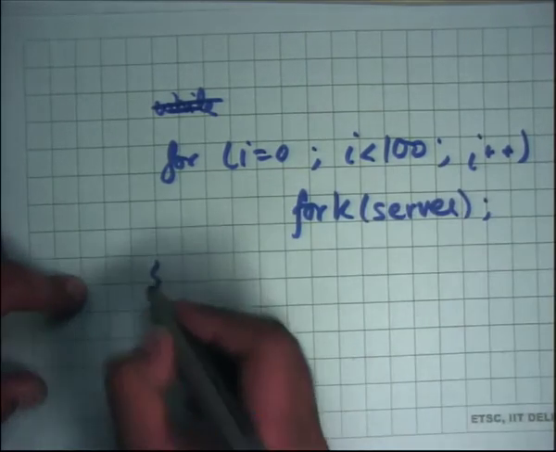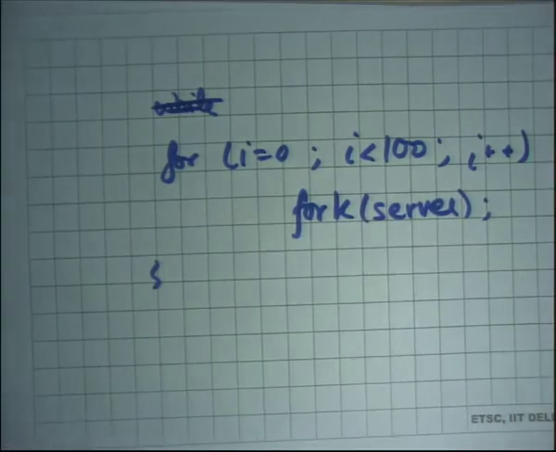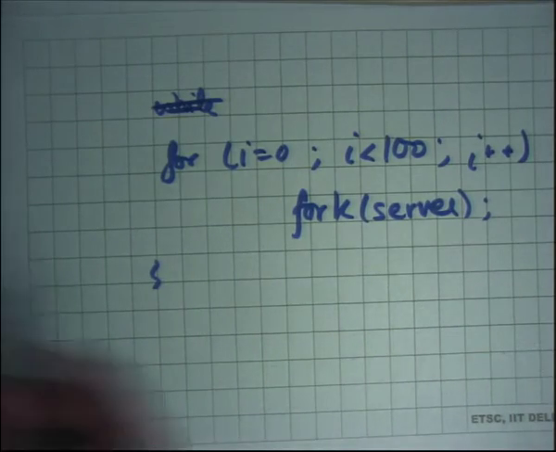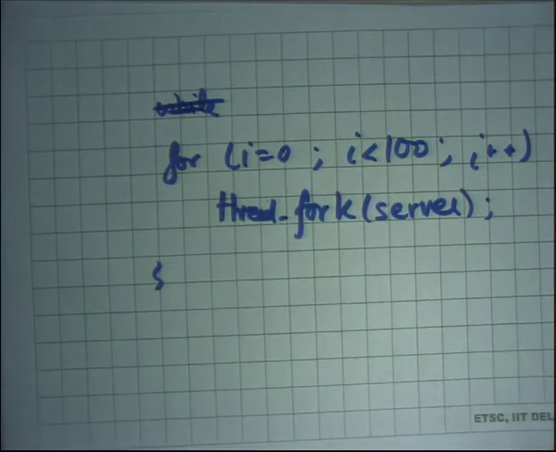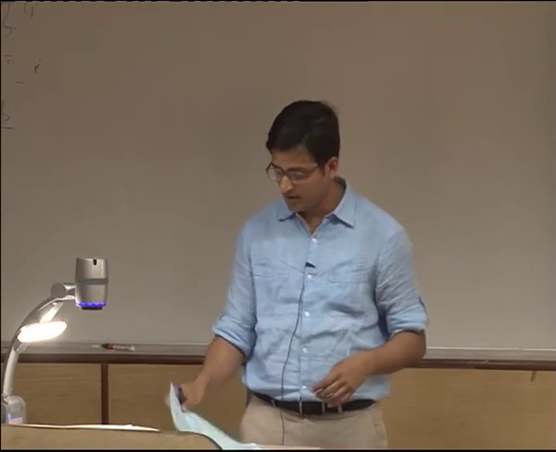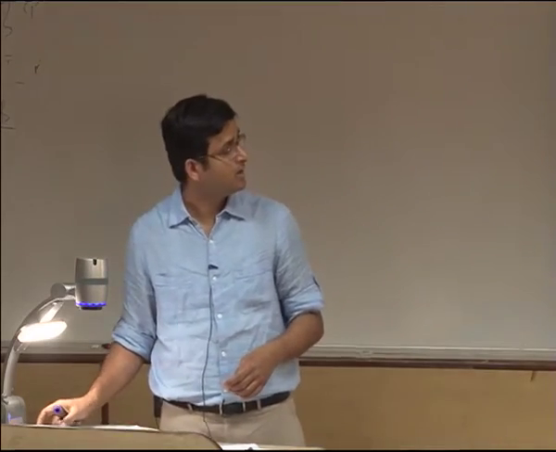This fork is basically forking a thread, or if you prefer, thread fork. It starts a thread, and says that this thread should be running this particular function called server.